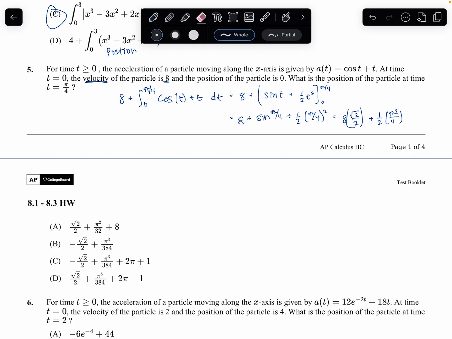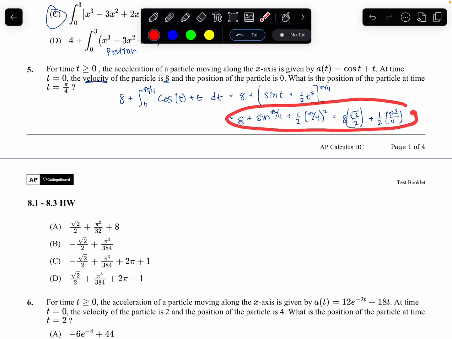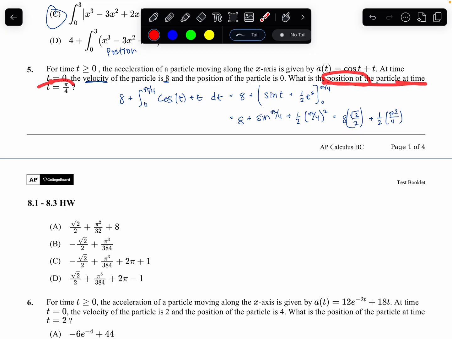I think because this right here won't tell me what I want, which is the position of the particle at time t equals pi over 4.